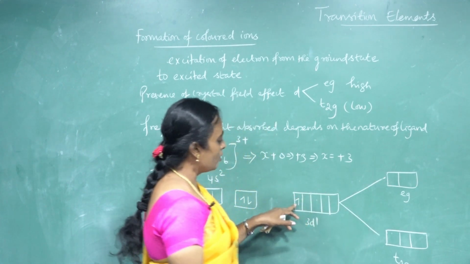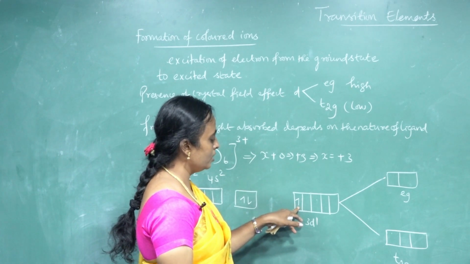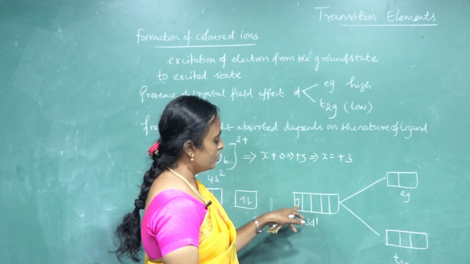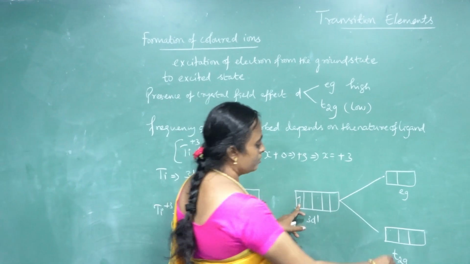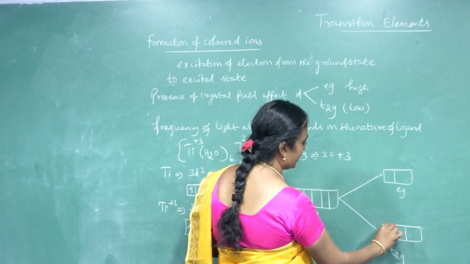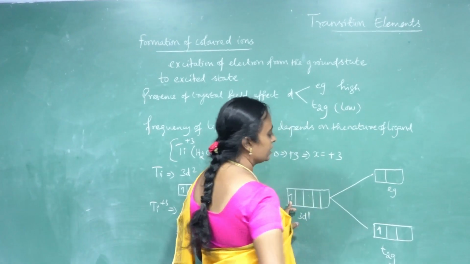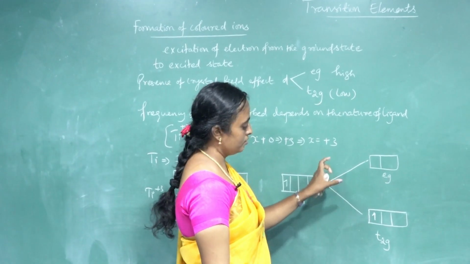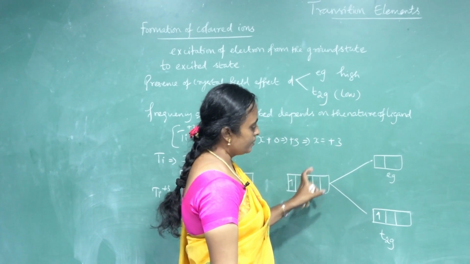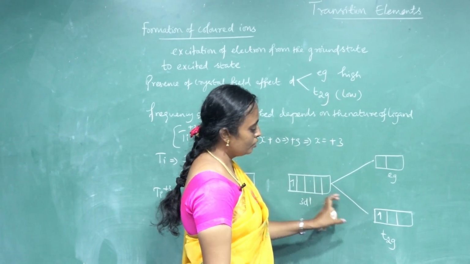How many electrons in total in the d orbital? Only 1. So that d electron will be present in the lower energy t2g orbital.